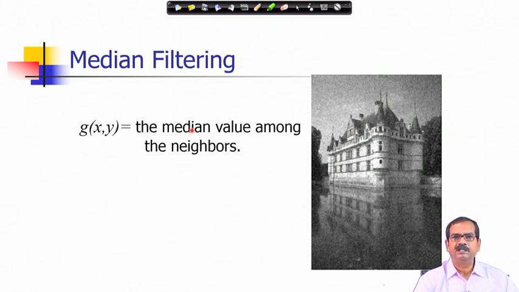It is a kind of nonlinear filtering operation, but it is a very effective method to reduce spot noise or salt and pepper noise, which are random dots scattered over the images. Those could be mitigated using this kind of filtering.